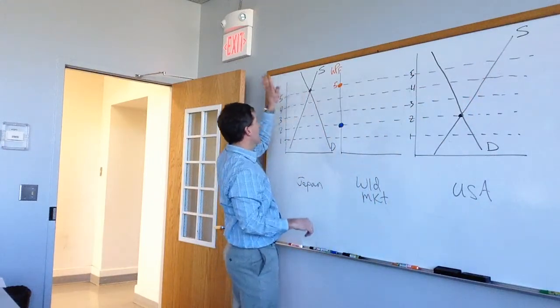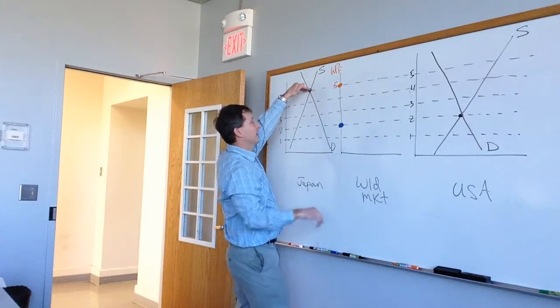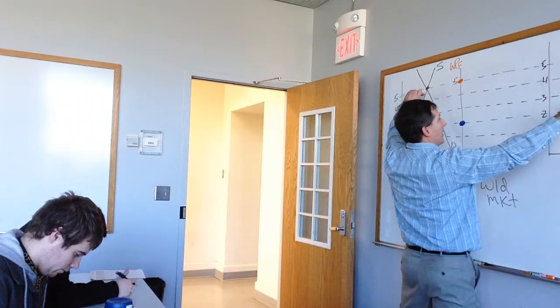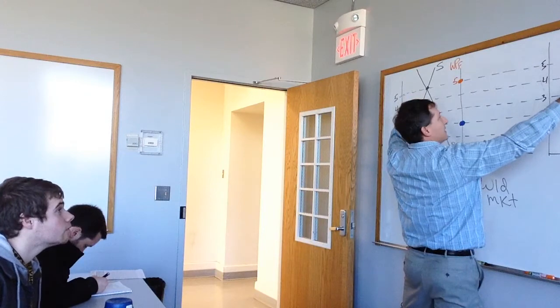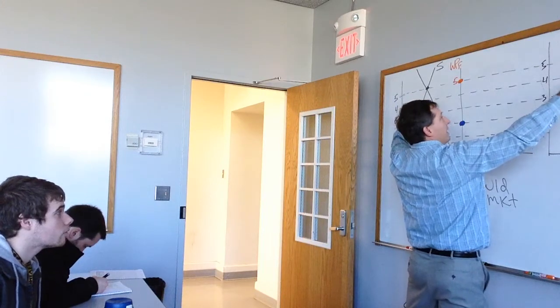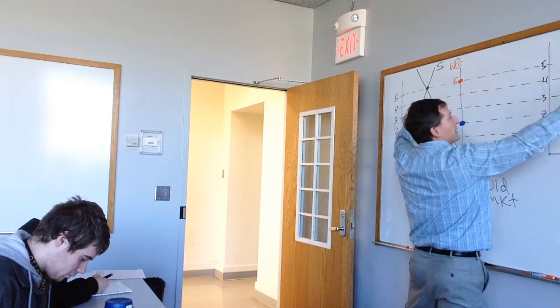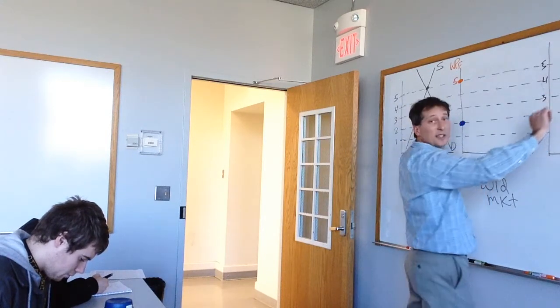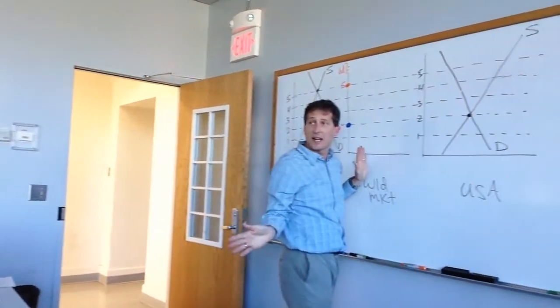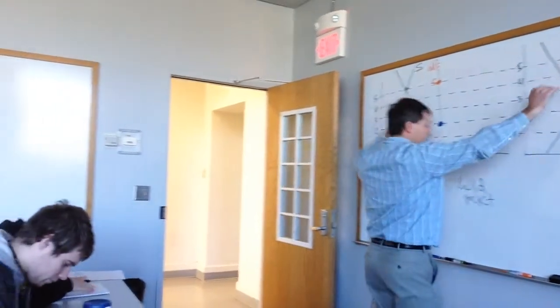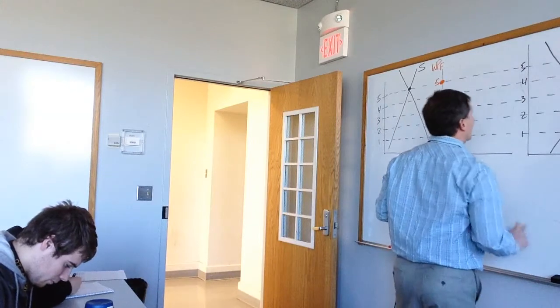So I want you to put your left eyeball at this point, your right eyeball at this point, and go up here and down here until you find the point of equilibrium where imports equal exports, and the horizontal distance between the two is going to be equal. All of us are going to have different answers potentially, right? Because we all drew something different. So go ahead and do that.